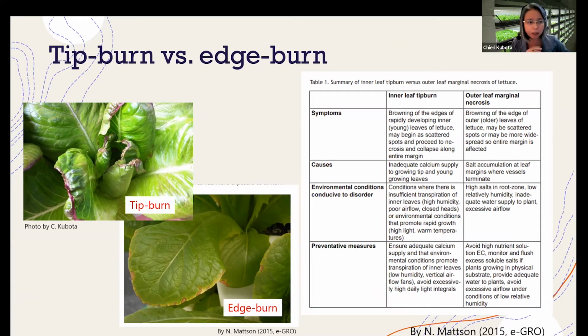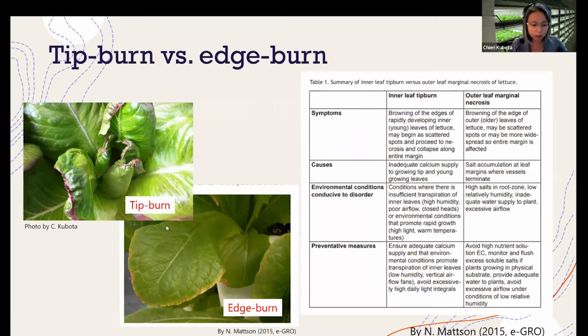When you are talking about tipburn, you need to make sure you are talking about the real tipburn coming from localized calcium deficiency, or talking about salt-stress-induced edge burn, because the two are different in terms of symptoms and also causal factors.